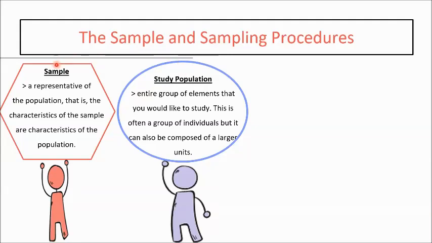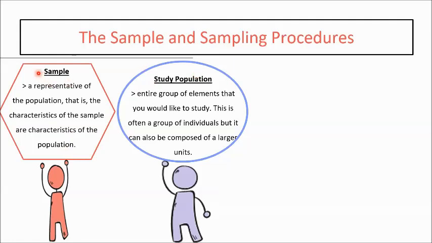For example, the population is 1,000. It's impossible, or difficult, to do research on all of them. So what you will do is take 100 samples out of the 1,000. That's why they are the representative. When we say representative, the characteristics of the sample, meaning their answers in the research, are the characteristics of the whole population.